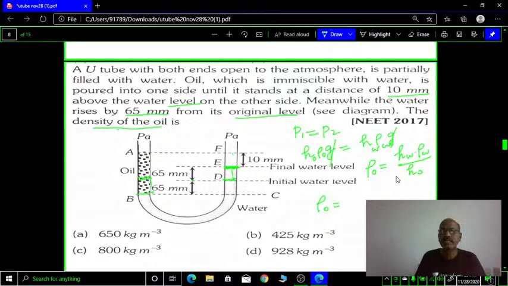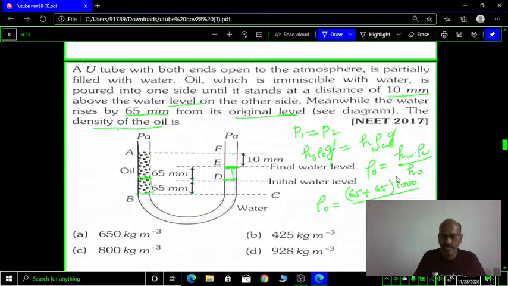The height of water is 65 mm plus 65 mm, since from this position it is 65 on this side and 65 on that side, total 65 plus 65. The density of water we know is 1000 kg per meter cube, divided by the height of oil.